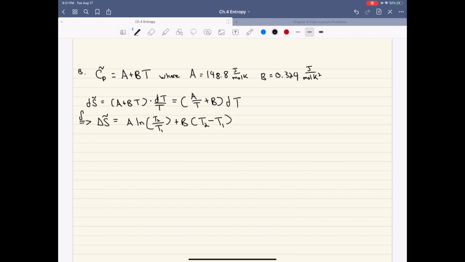And so if we plug and chug into delta S, we have a natural log term that we need to plug into, and just a regular linear term that we also need to plug into.